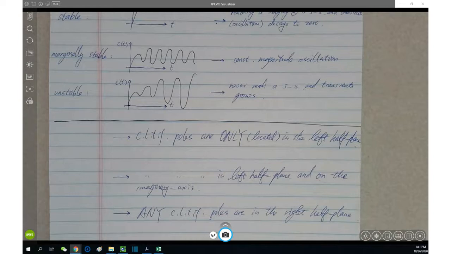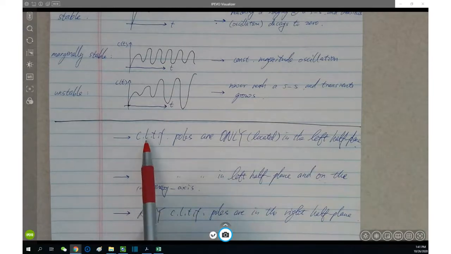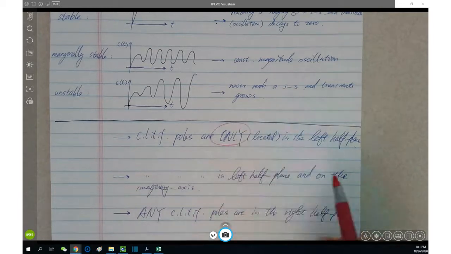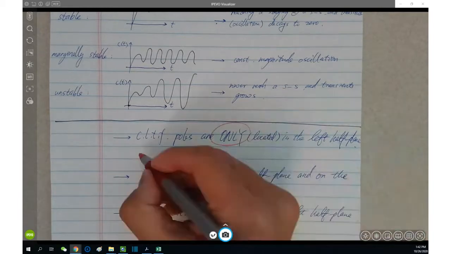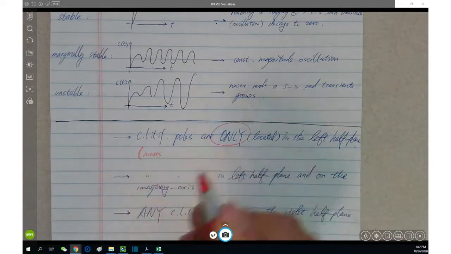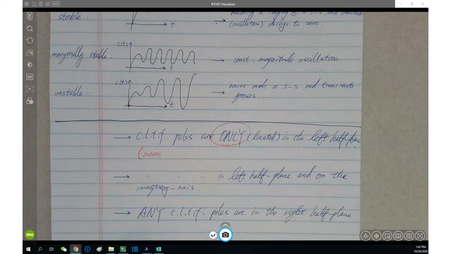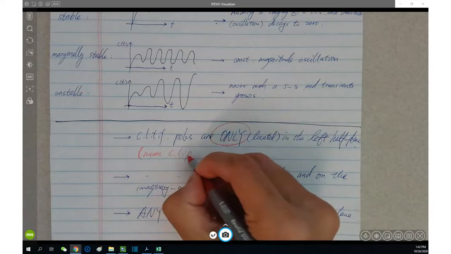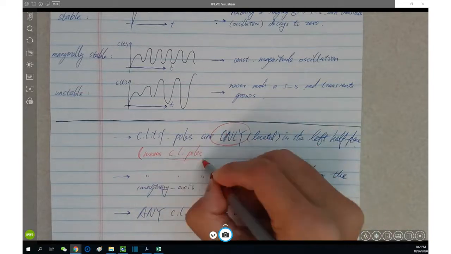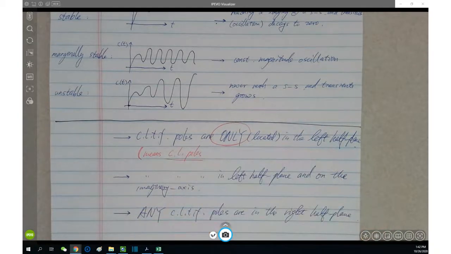And if just given the transfer function, or say closed loop transfer function, how can you tell which is which? So first case, for a stable system, the closed loop transfer function poles are only located in the left half plane. What does it mean? Closed loop poles are a bunch of, once again, complex numbers, right?